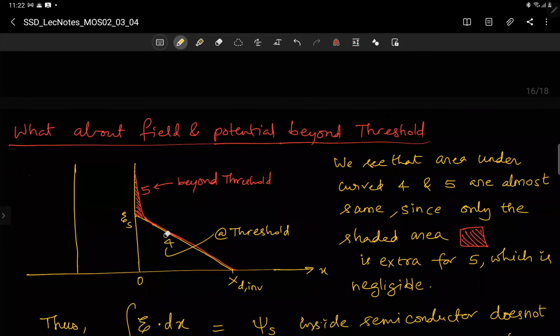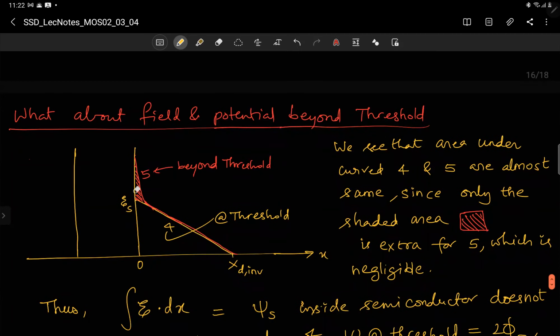All right. So you can clearly see that if I neglect this shaded area, which is coming from the inversion charge, that's what is written here to the right side. The area under curve 4 gives you the voltage drop across the semiconductor, psi s. If you consider the areas under curves 4 and 5, they seem to be almost equal.